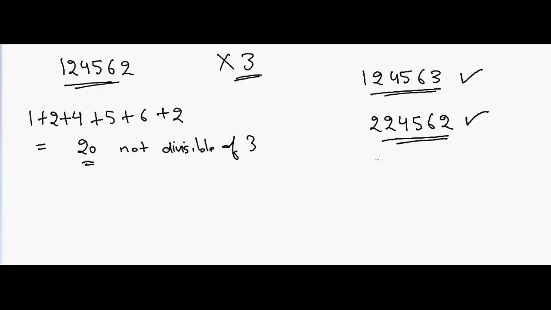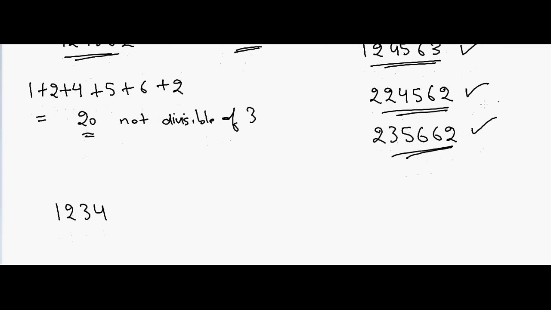Or we can say 3 5 6 6 2. So what I'm doing is modifying the number just enough so that the sum remains divisible by 3. In that case the whole number should be divisible by 3. That's how this trick works.